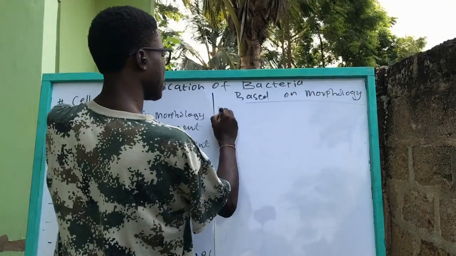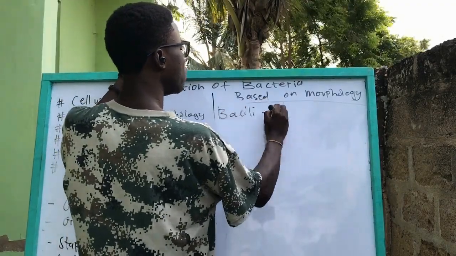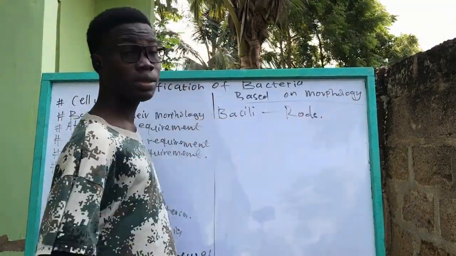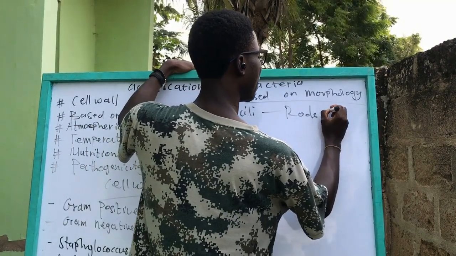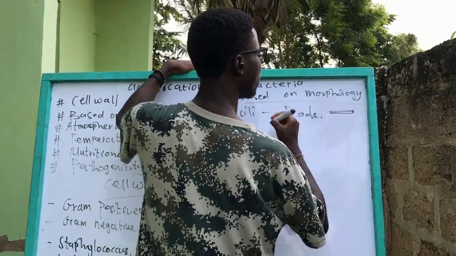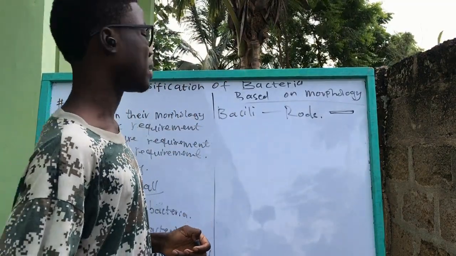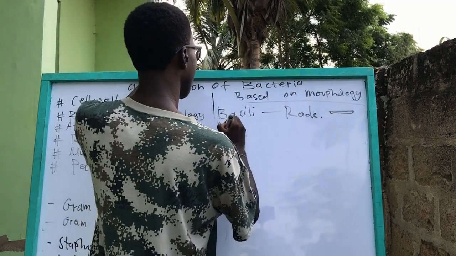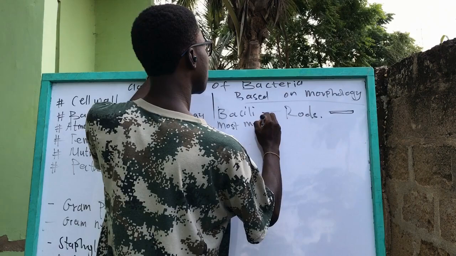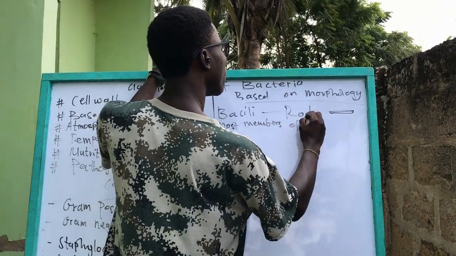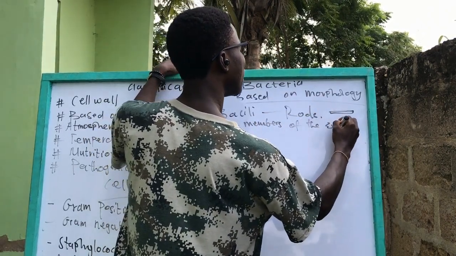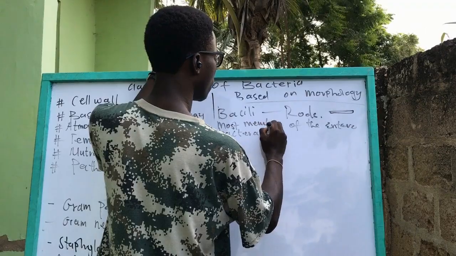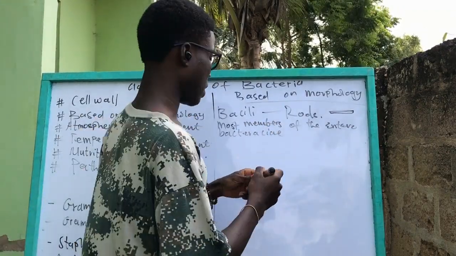Now let's talk about the bacilli. The bacilli are mostly rods. They appear in a rod form under the microscope, and most of them are gram-negative bacteria. Most members of the Enterobacteriaceae are rods.